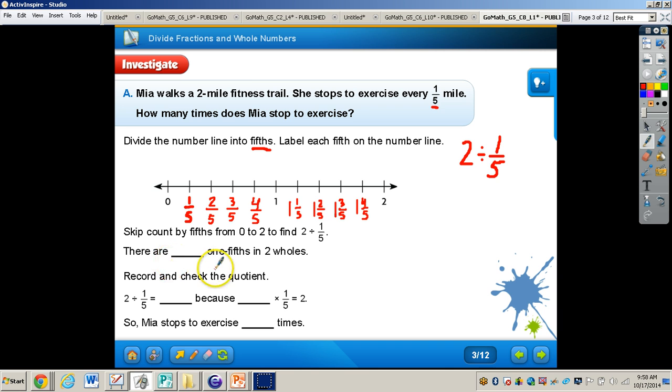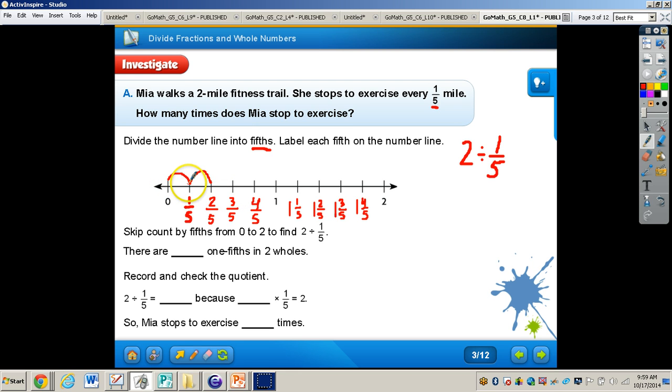Okay, now what we need to do, we need to skip count by fifths from 0 to 2, which will help us find 2 divided by 1/5. Okay, so this is how we'll do it. From 0 to 1/5 is 1, 2, and why are we doing this? Because we're trying to figure out how many 1/5s are in 2.